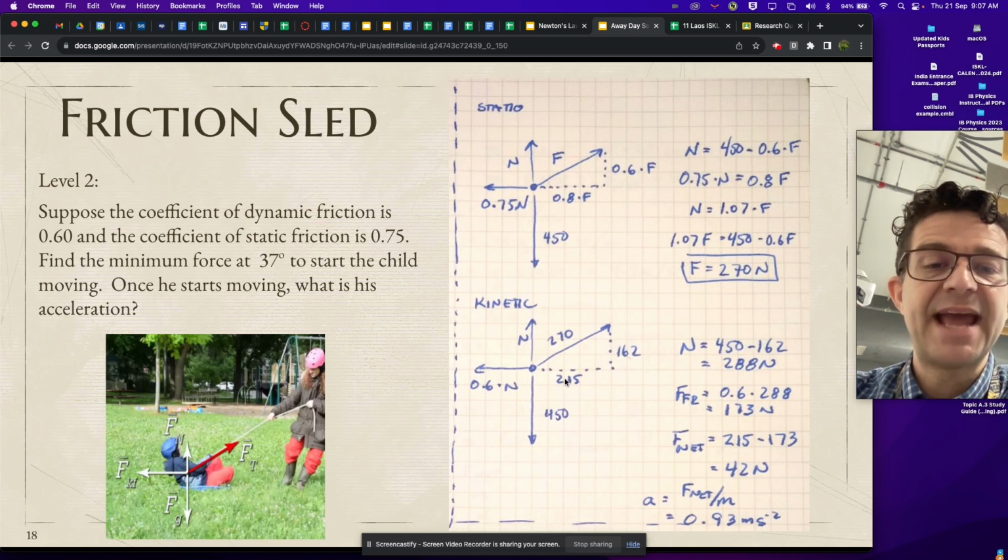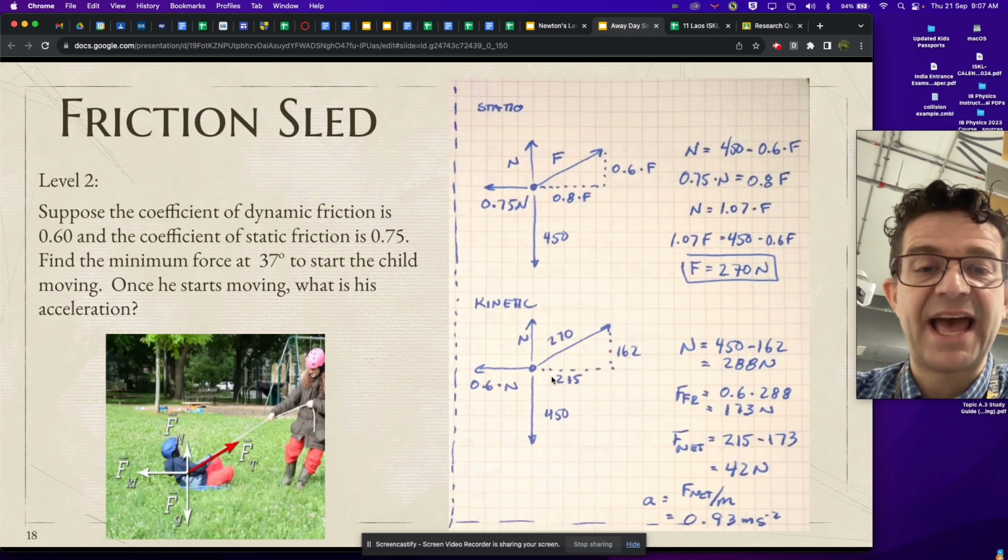And so now we don't have balanced forces horizontally. We can find the normal force. 450 down, 162 up means the normal force has to be 288. The force of friction at 0.6 times the normal force can then be calculated as 173 newtons.